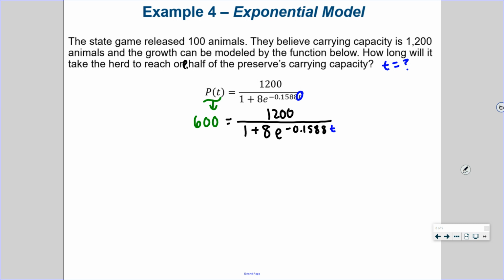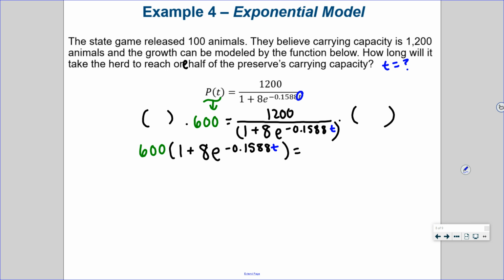This looks a little nastier than it is, but you can either think of this as cross multiplying, or I'd multiply both sides by this whole thing. So I'm just going to do that. Multiply by our denominator, so we're going to get 600 times 1 plus 8 e to the negative 0.1588 t equals 1,200. Now I want to distribute that 600.